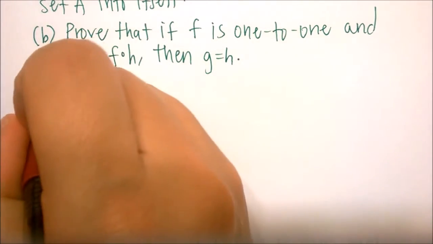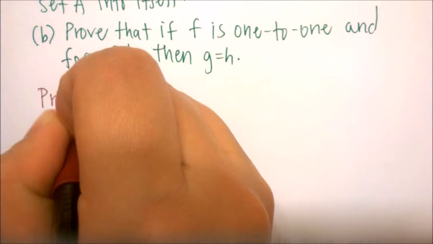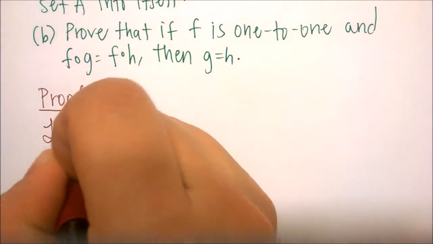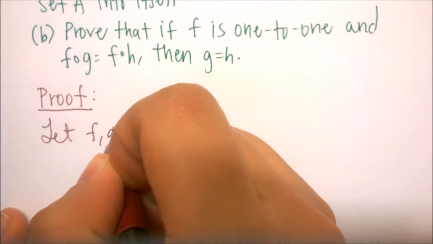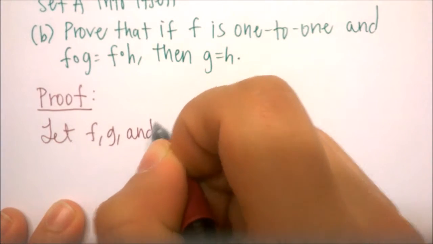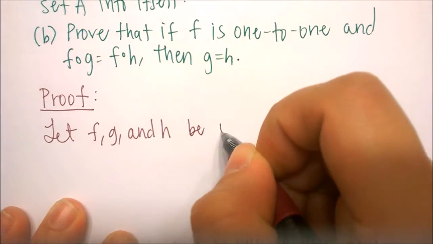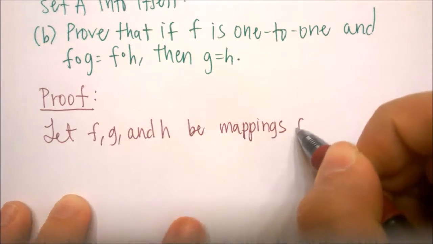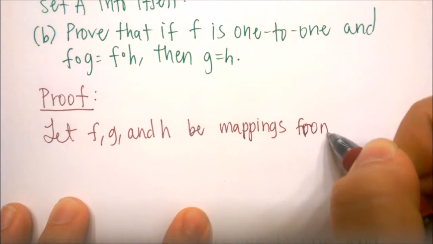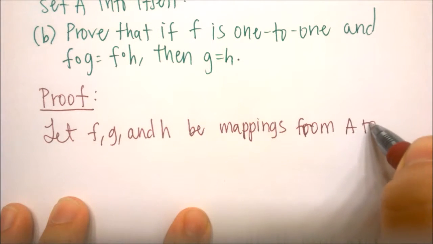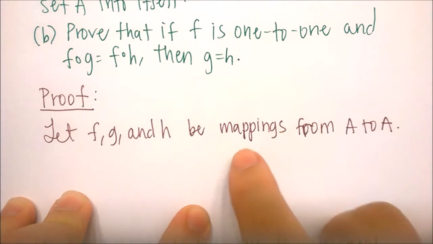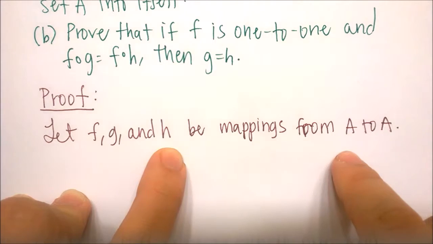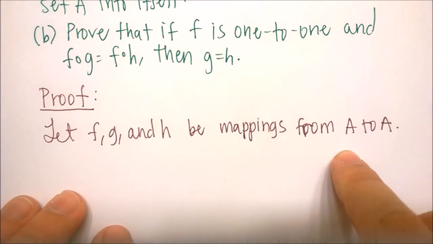So like before, let's start with what we know and write that in our proof. So first, we're going to let f, g, and h be mappings from A to A. So remember, that just means that f, g, and h are taking elements from A and mapping them back into A. Okay?